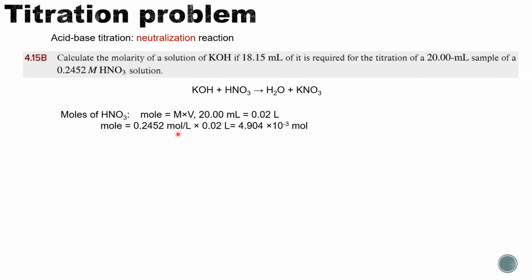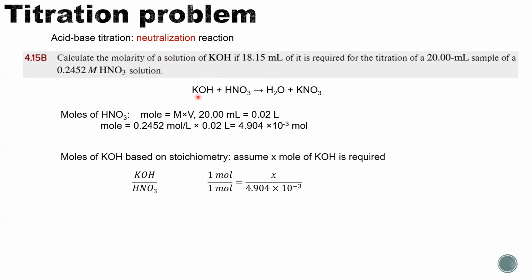Let's do the stoichiometry calculation first. Assume X mole of potassium hydroxide is required. Then we can establish the ratio: 1 mole of potassium hydroxide to 1 mole of nitric acid equals X mole in reality to how much is consumed, and 4.904 times 10 to the minus 3 moles of nitric acid is consumed.